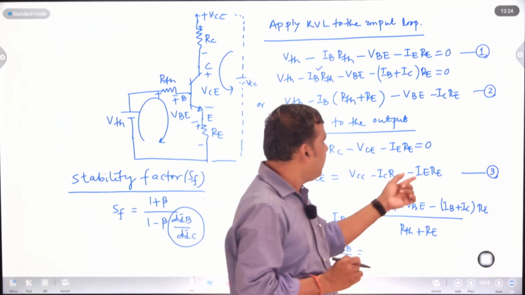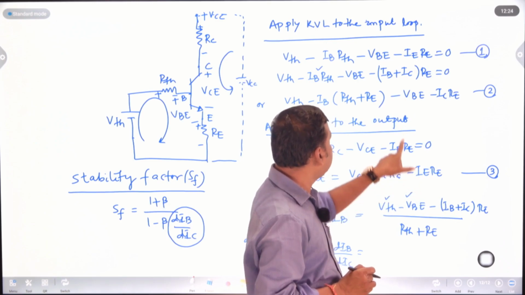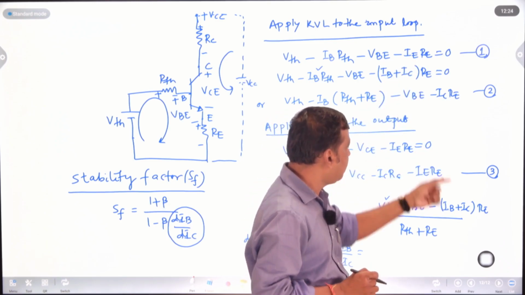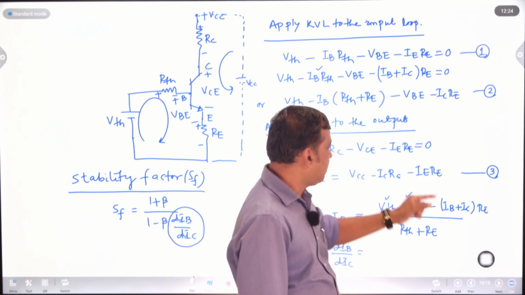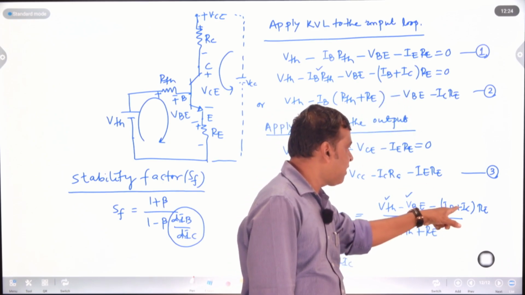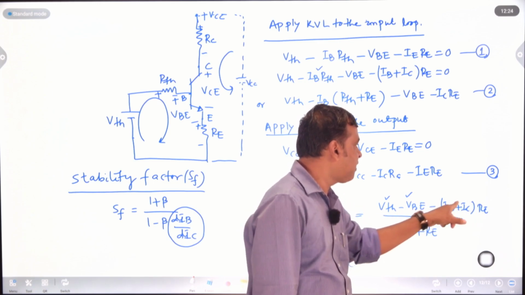So IE RE becomes (IB plus IC) into RE, that is IB RE plus IC RE.